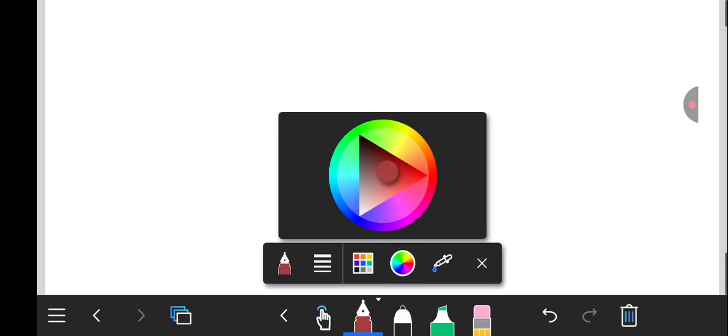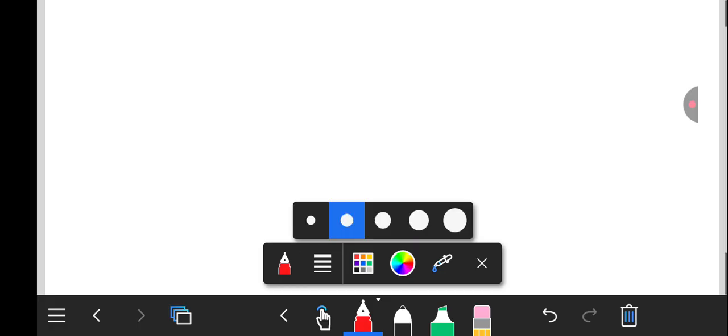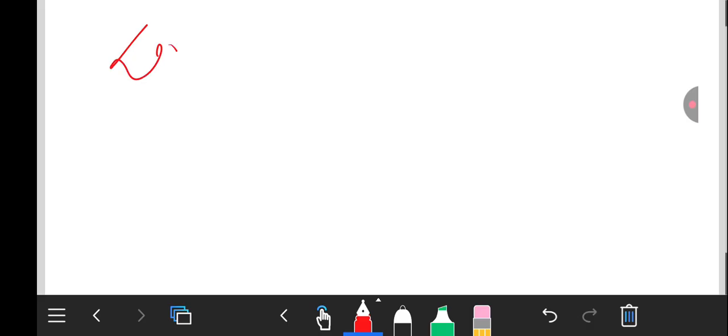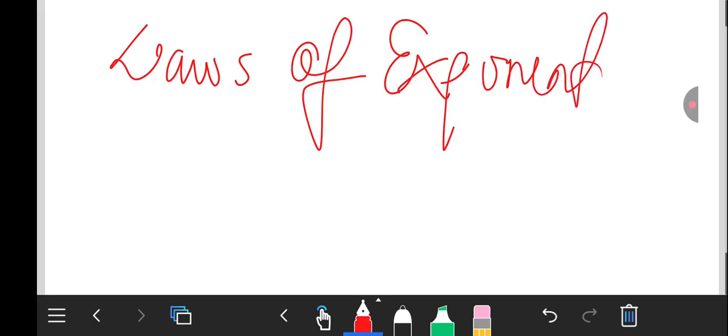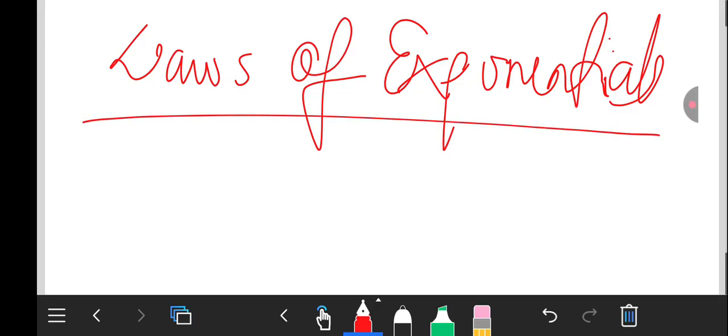Laws of indices, laws of exponentials or indices rather. Okay, so let's have some laws.